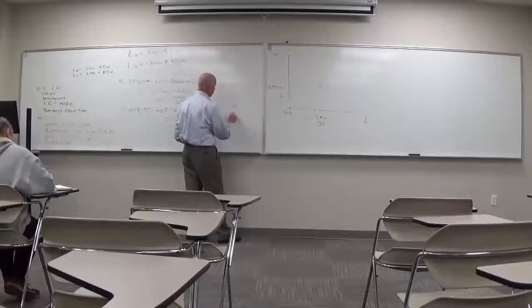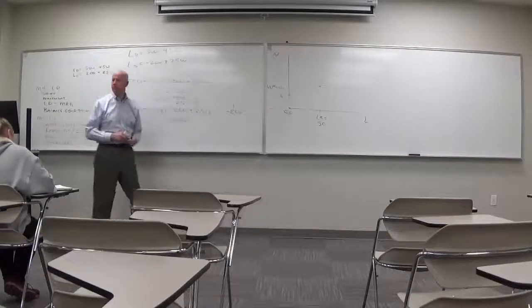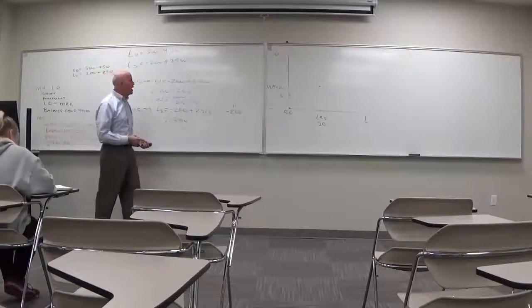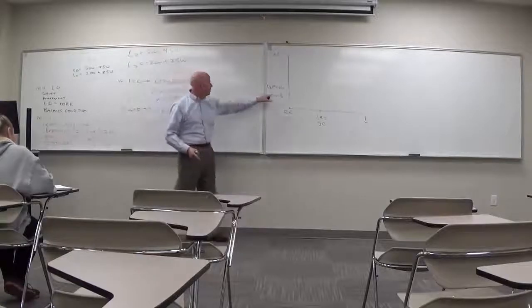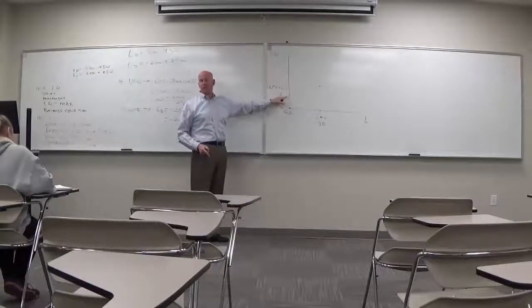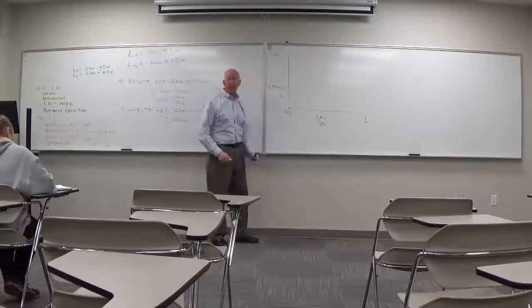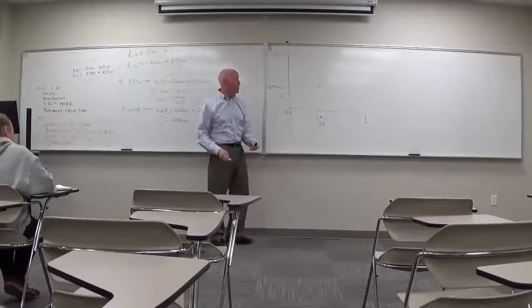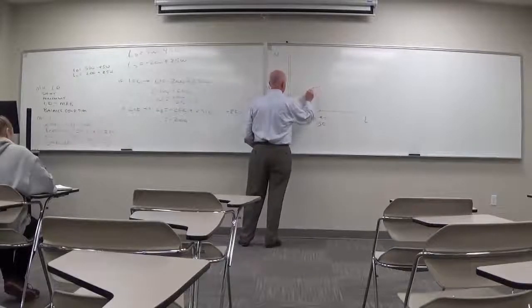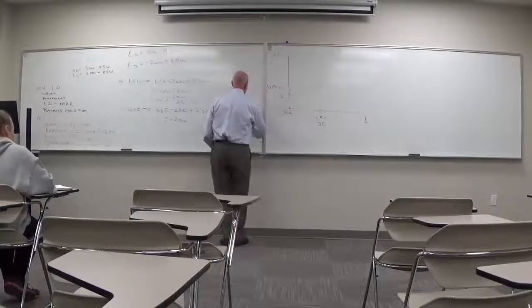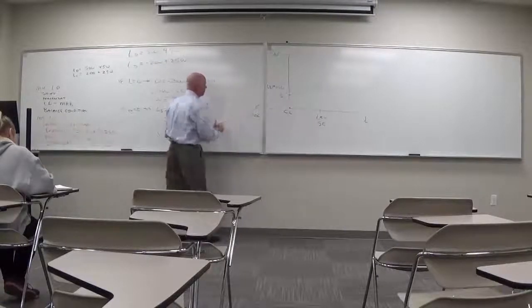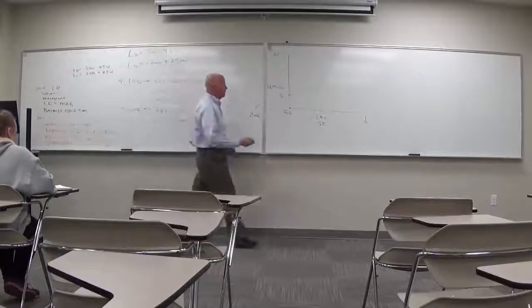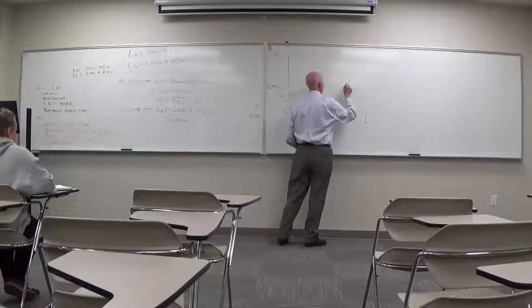My guess is negative 200 is out about here. Right? So now I have actually 3 points for my labor supply curve. 2 points are going to define my curve because these are linear equations, right? But I have a third one, and if I was a better artist, they would have lined up better, okay? So we're just going to say they do line up, and that's actually negative 200. And it keeps going straight, and that's labor supply.